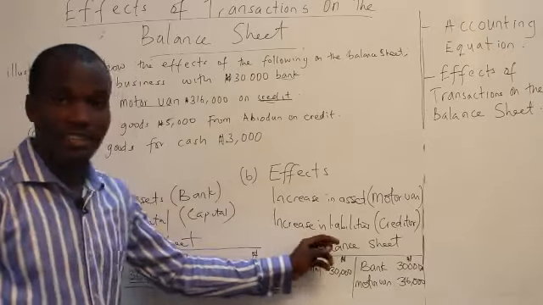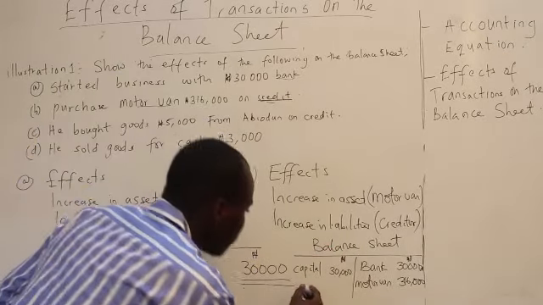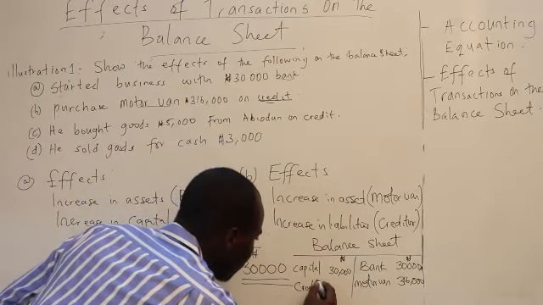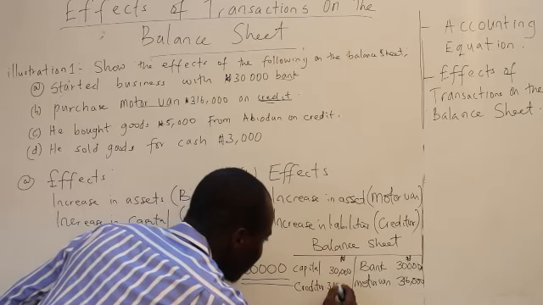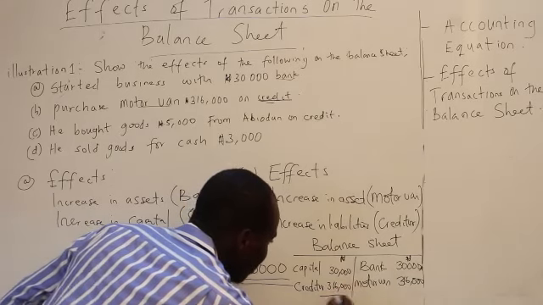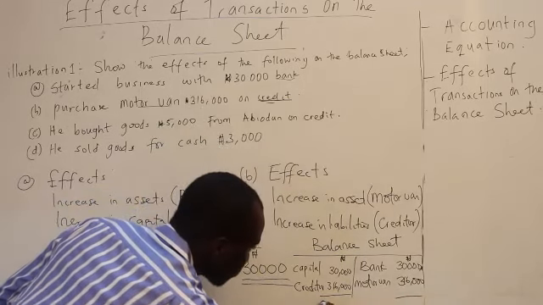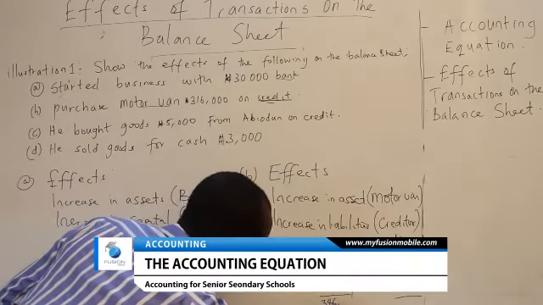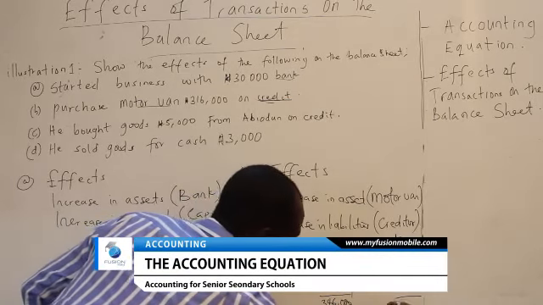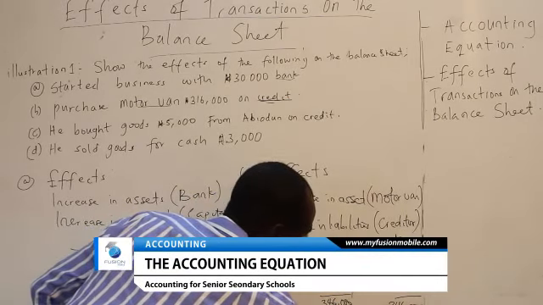Also an increase in liabilities, which is the creditor, 216,000. So the addition of this and this gives us 346,000.